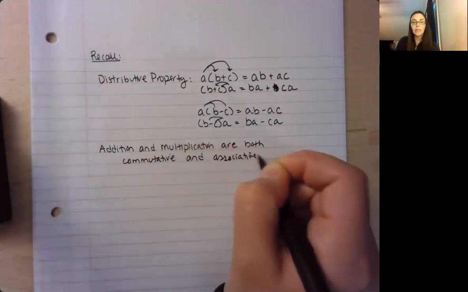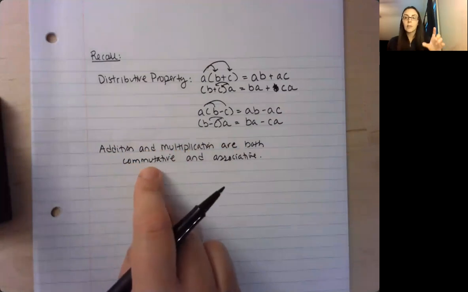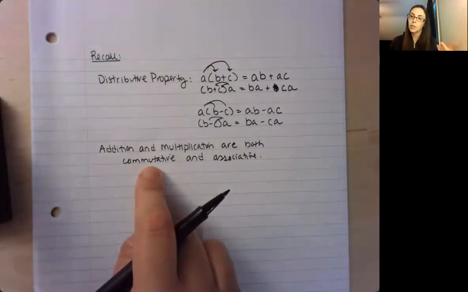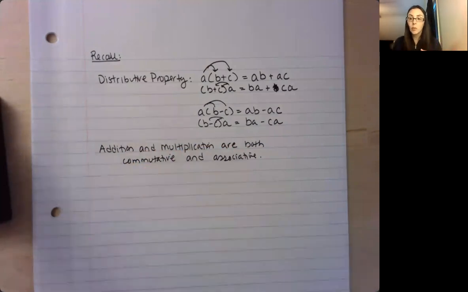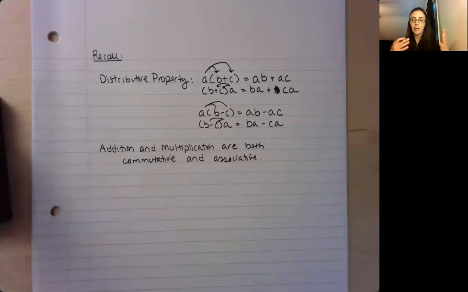Okay, so remember, commutative means that you can rearrange the order. Something like 2 plus 3 and 3 plus 2 are the same thing. Also works for multiplication. Associative is about the grouping, so you can regroup as well. Again, if it's all addition or all multiplication. So I'm not going to rewrite all those down here. Again, just a reminder that if you have just addition or just multiplication, you can rearrange things, and that's perfectly fine as well.